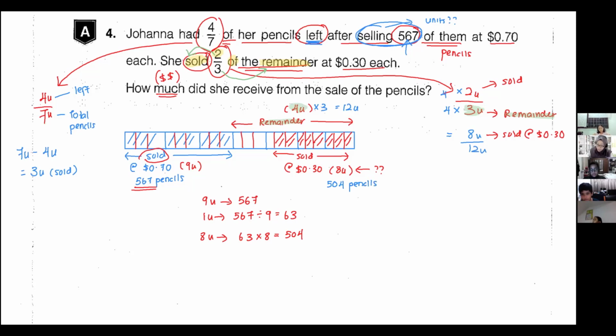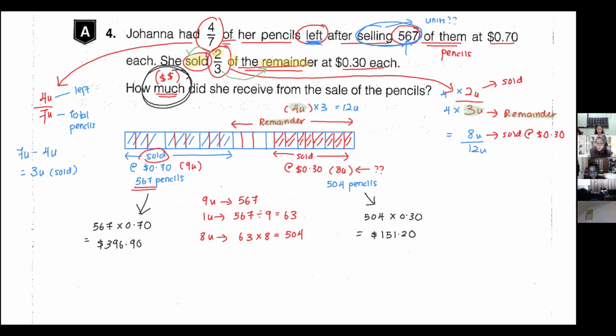So now I need to find how much, right? Total amount of money that she gets from the sale. Okay. So for these 567 pencils, easy lah. 567 times 0.70. Okay. And you are going to get 396.90. All right, for this one you are going to take 504 times 0.30 and you will get 151.20.